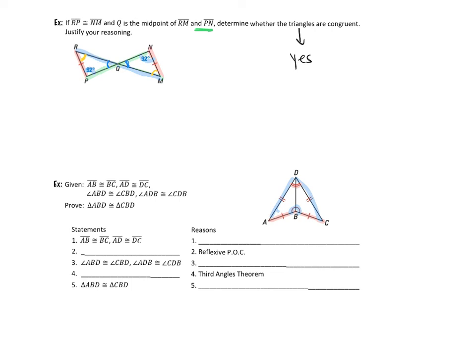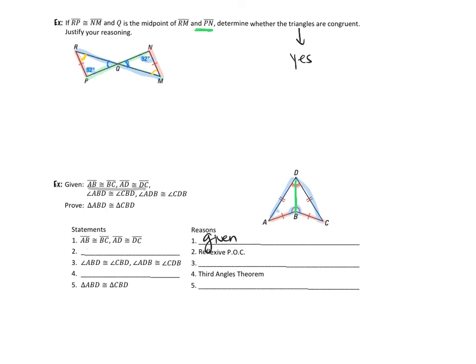So our first 2 statements in line 1 both appear in my list of givens. So my reason is that those are given. Now, reflexive property of congruence is when something equals itself. In this case, both triangles share this line right here.